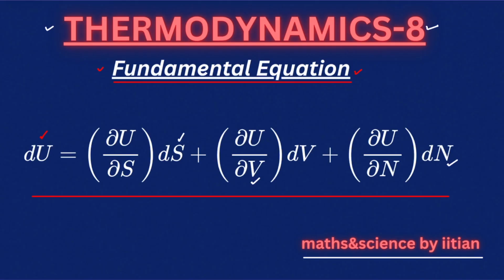And dou U by dou S is a partial differentiation, dou U by dou V is a partial differentiation, dou U by dou N is a partial differentiation. Whereas dU is an exact differential quantity, and dS, dV, dN are exact differentiations. These are partial differentiations, dou U by dou S.